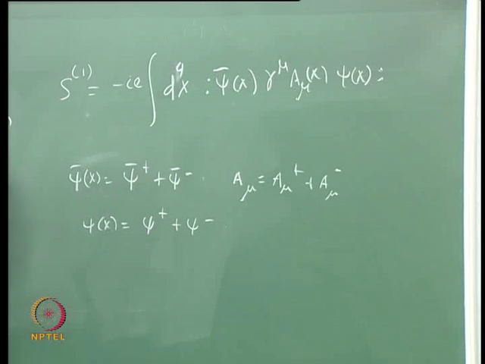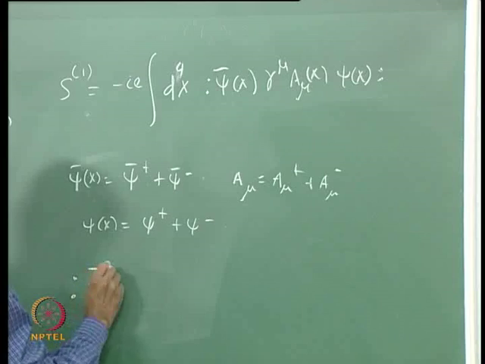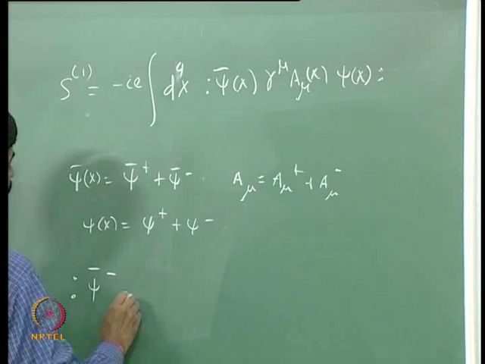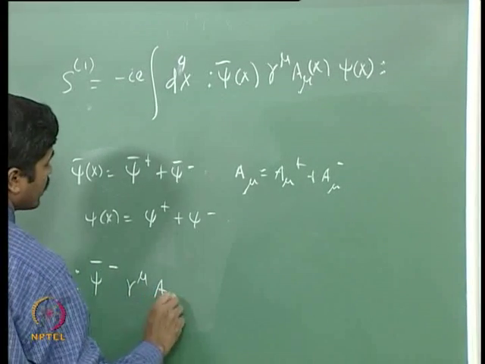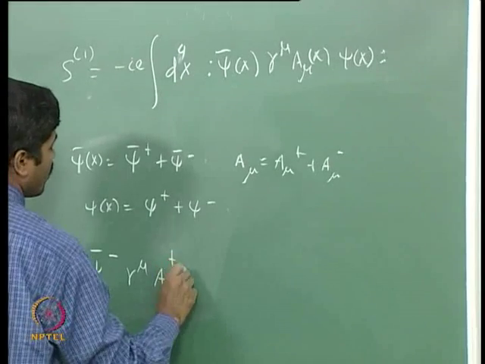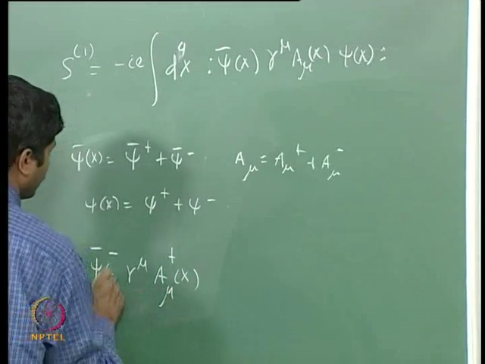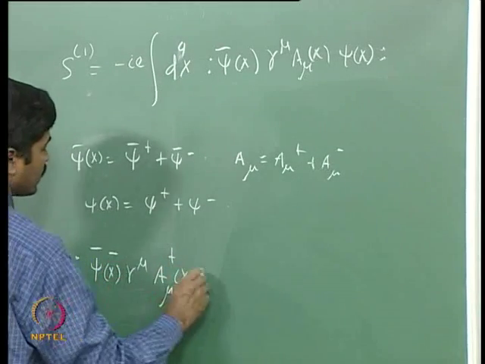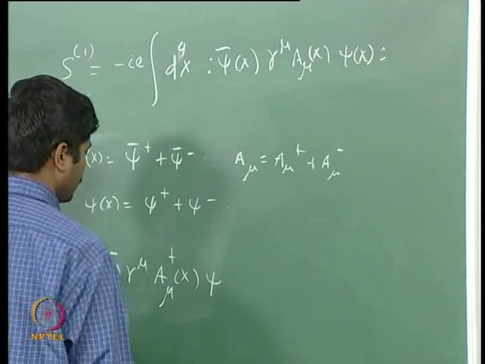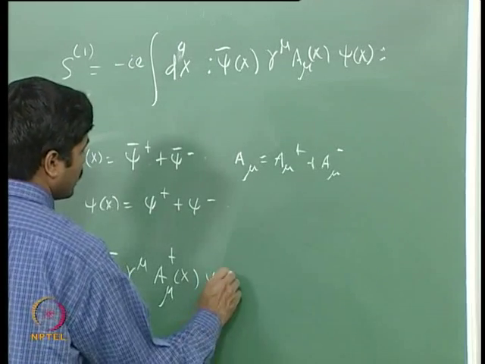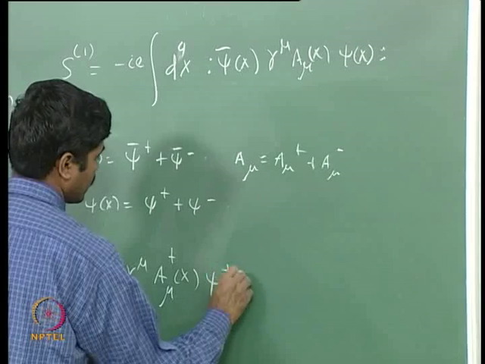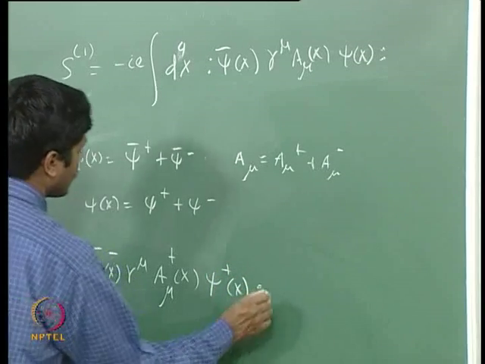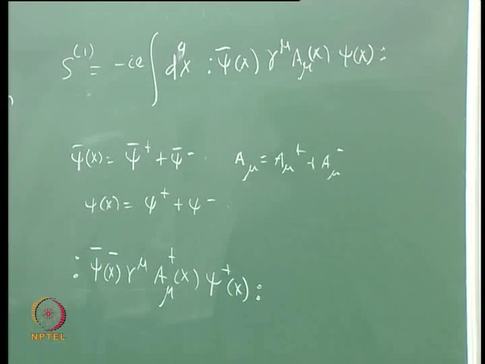So, you can list all the terms, but typically it will have terms of this type: normal order product of psi bar minus gamma mu A mu plus of x psi bar minus of x, let us say psi plus of x. Consider a typical term which looks like this.